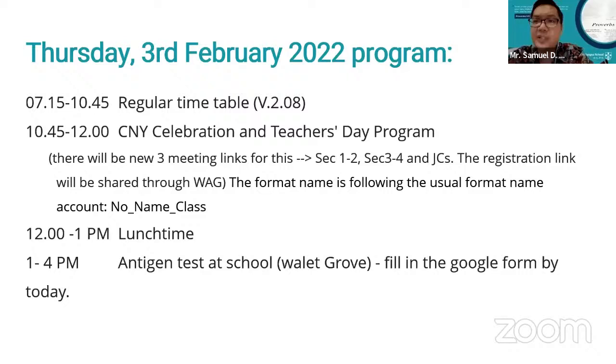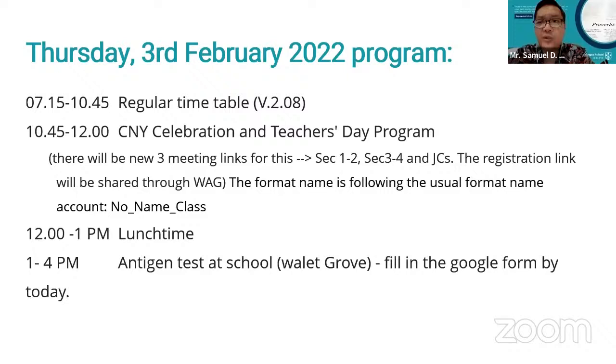Then another HBL on Thursday, 3rd February. From 7:15 to 10:45, it will be regular timetable. You will have your lesson. But please remember, you are going to use the new timetable, version 2.08. It's written somewhere there. Okay.